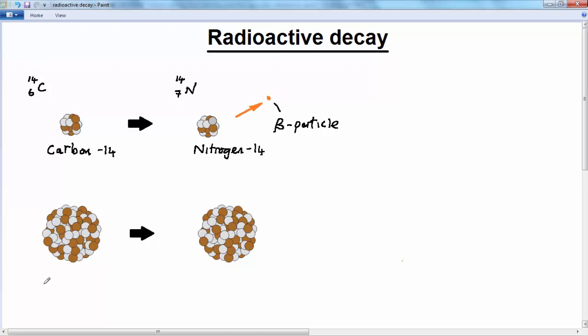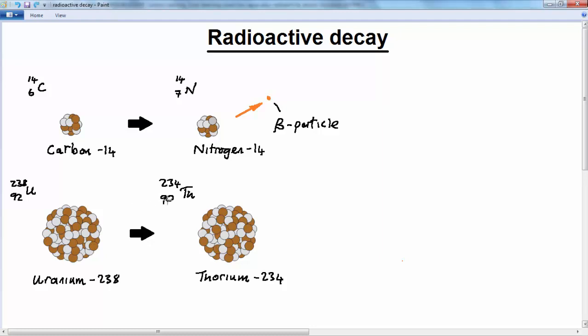And below we've got the nucleus of uranium-238, which is another radioactive isotope. So we write 238 and its atomic number is 92. And when this nucleus decays, it decays into a more stable nucleus, thorium-234. That's an atomic number 90.